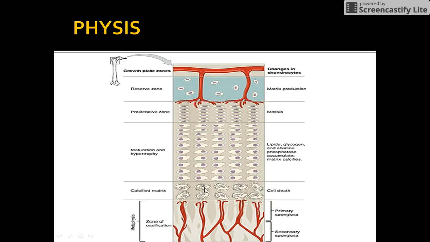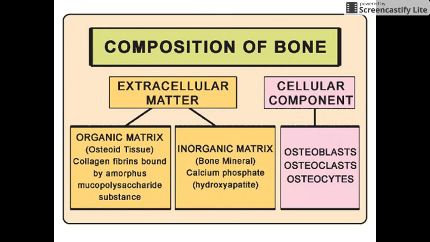Then these cells get calcified and form the zone of calcification. And then what happens? There is vascularization and then they convert into bone. So this is how the bone is growing in length.